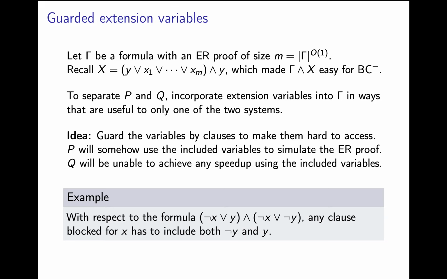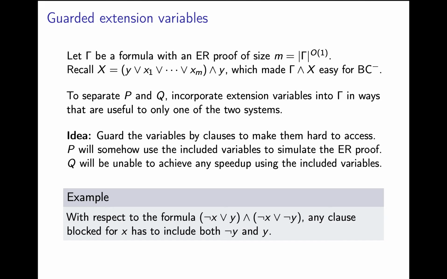With respect to this formula, we know due to the definition of a blocked clause that any clause blocked for x has to include both not y and y, which makes any such clause useless for shortening a proof. By scaling up versions of this idea, we can impose some restrictions upon the set of redundant clauses derivable in each proof system that we have.